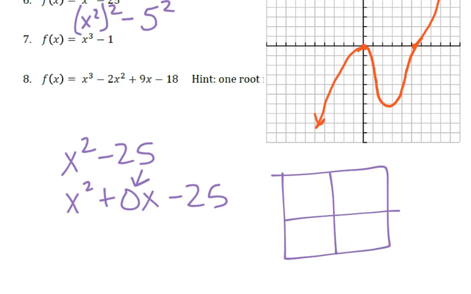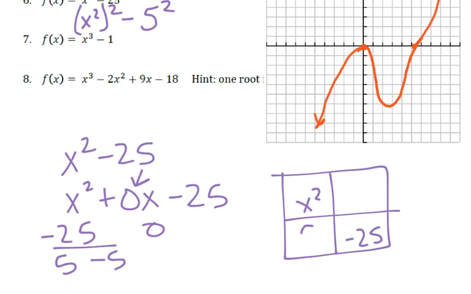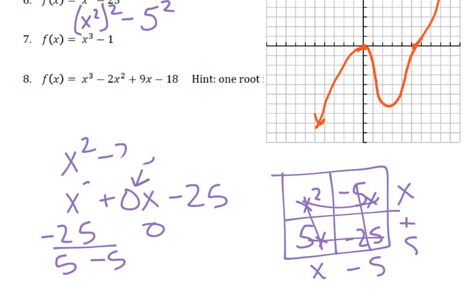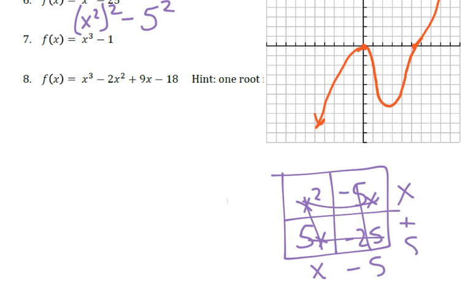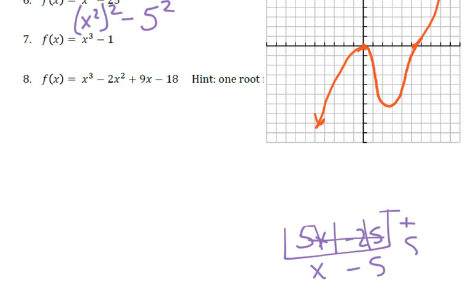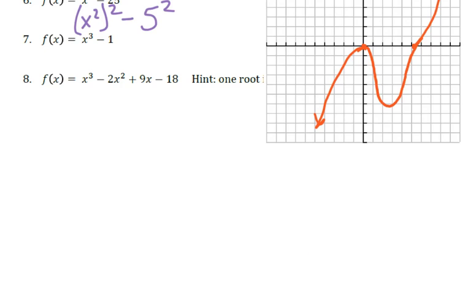And so we'd end up getting x squared, and negative 25. And we'd say factors of negative 25 add up to 0. Well, positive 5 and negative 5. Then you'd pull out an x, pull out an x, pull out a negative 5, pull out a positive 5. And it would factor out that way every single time. So they've just made a rule that when you have that situation going on, that's what you end up with.